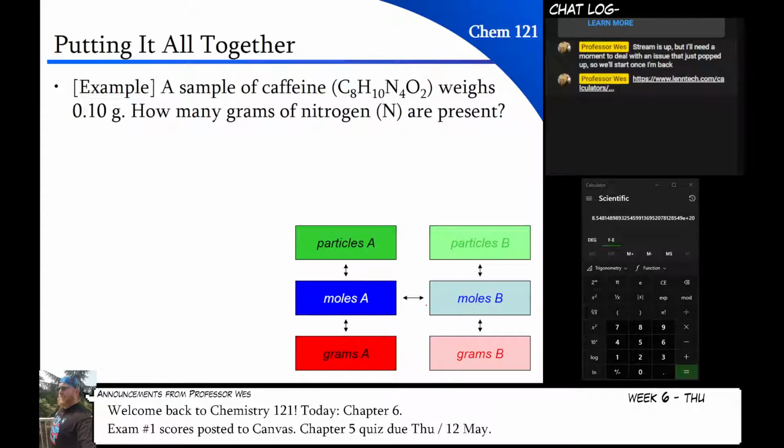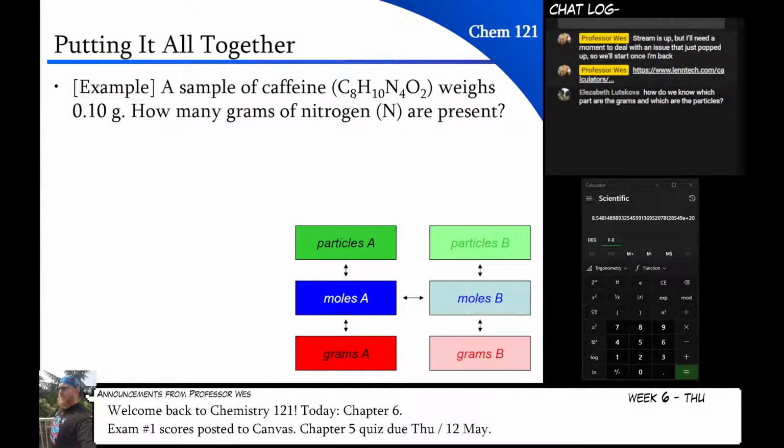I'm going to give you 0.10 grams of caffeine. That's a lot of caffeine, by the way. How many of the grams of that caffeine sample are nitrogen grams? And we can actually answer this now. So, what are the substances that I'm being given? So I'm being given caffeine grams.